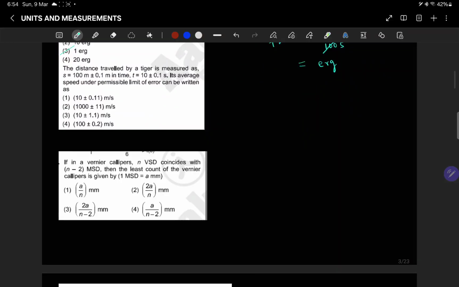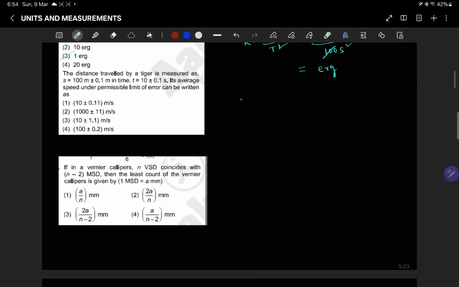The distance traveled by a tiger is measured as s equal to 100 meters plus or minus 0.1 meter, time t equal to 10 plus or minus 0.1 second. Find the average speed within permissible limit of error. Very important, students. Average speed V average equals total displacement by total time.